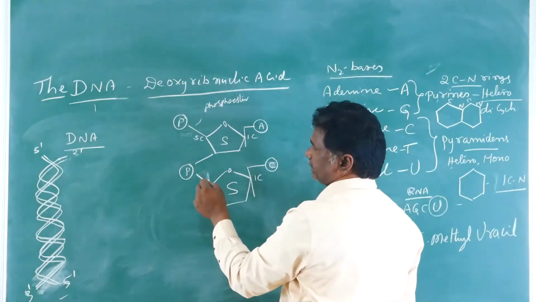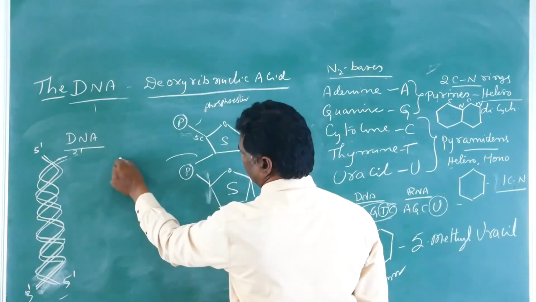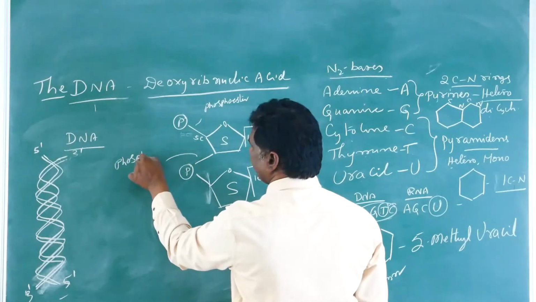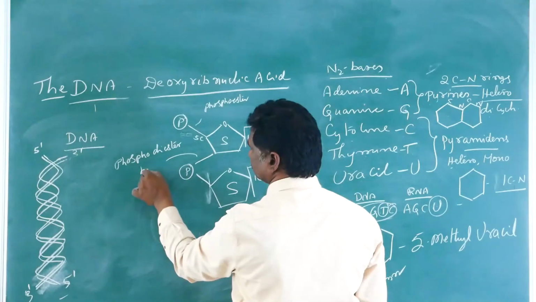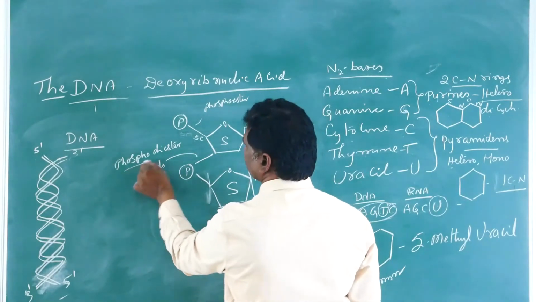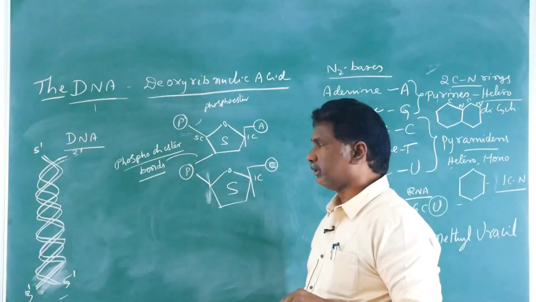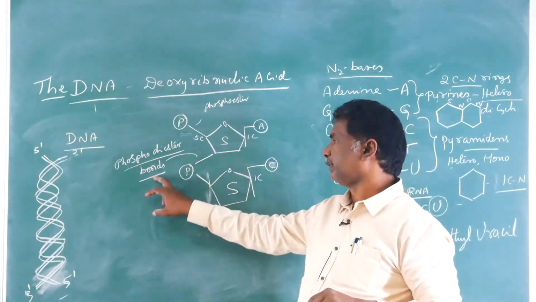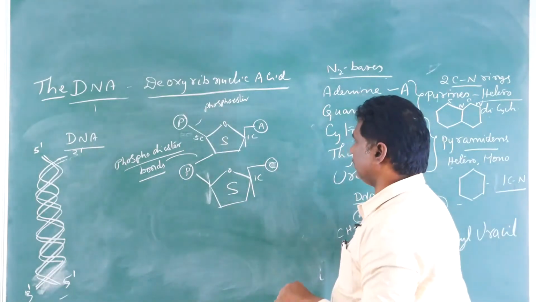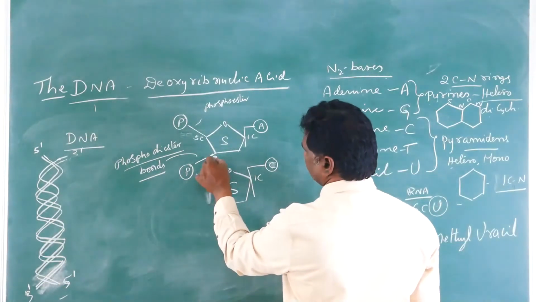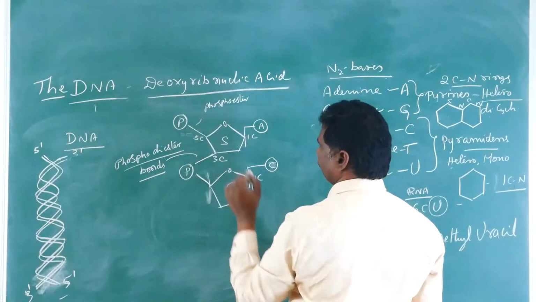So there are two phosphoester bonds, and that is why it is called a phosphodiester bond. Each one is said to be a phosphoester bond. It may be the third carbon on this side, and this is the fifth carbon.